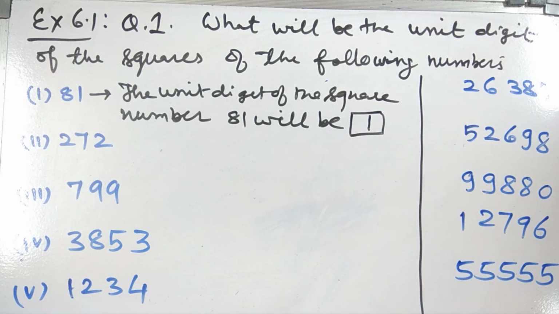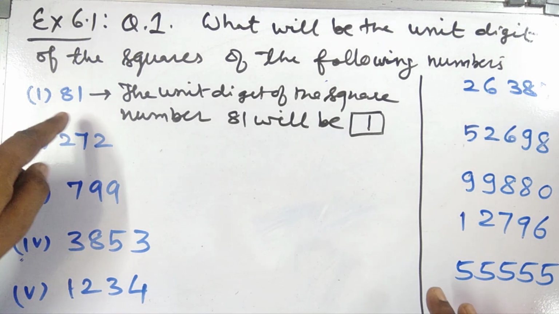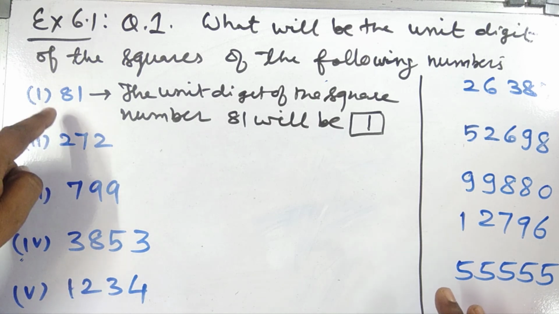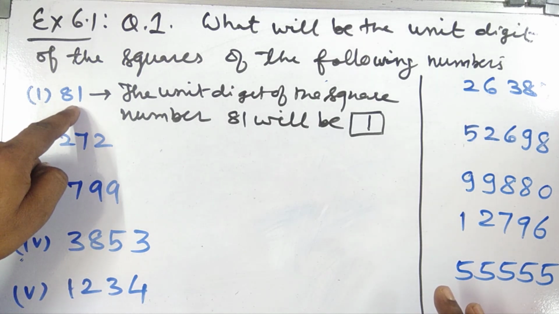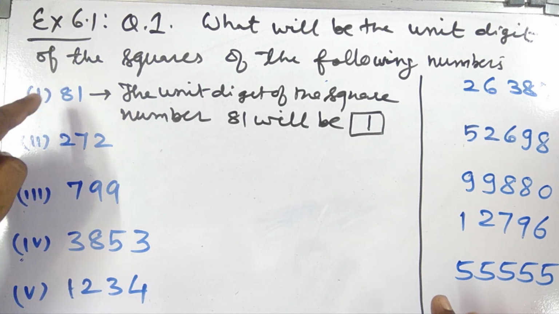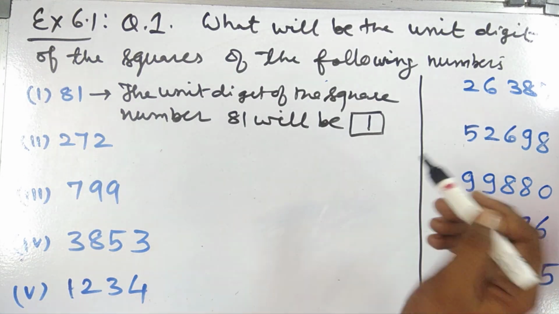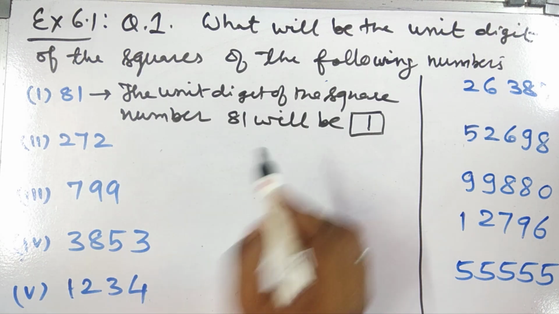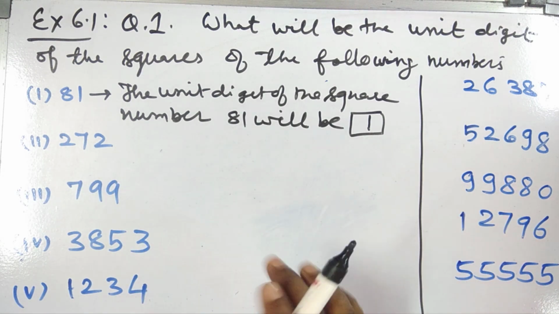Why? Because students, the unit digit of a square number depends on the unit digit of the given number. So the given number is 81, the unit digit is 1, then 1 into 1, 1 square is equal to 1. So in the unit place it will be 1.